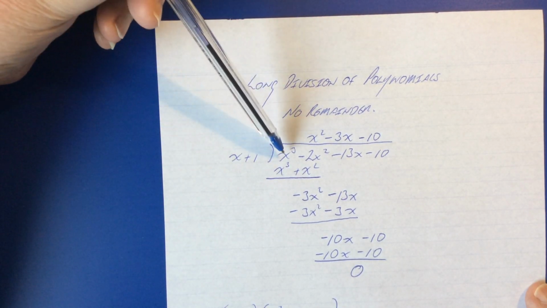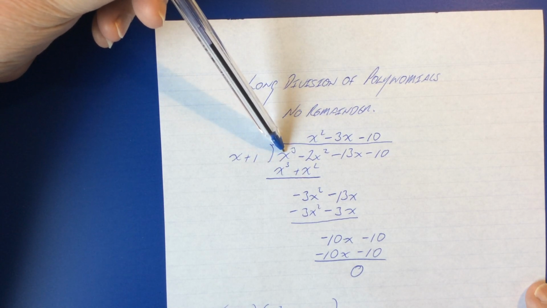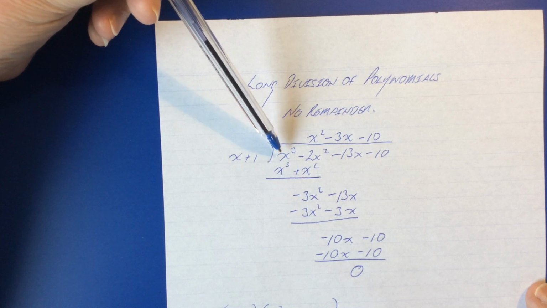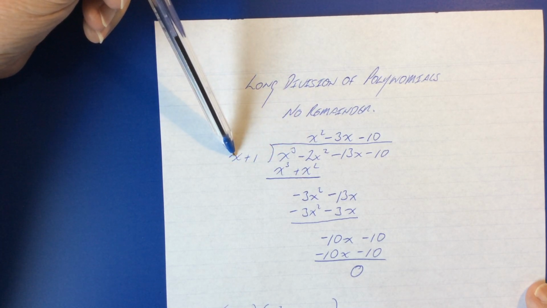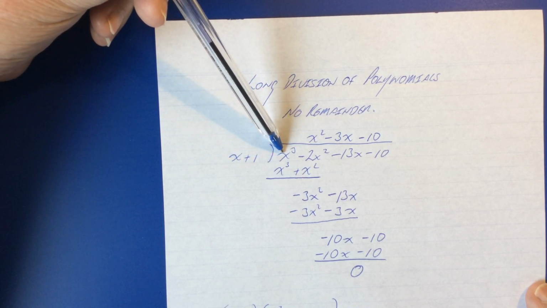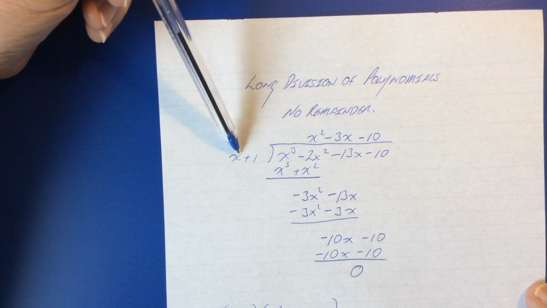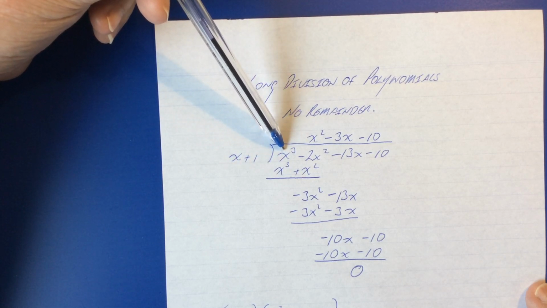So, what we want is we want to find a way that we can make x equal x cubed. It's as simple as that. You look at this and you say, what do I have to do to x to make it equal this?